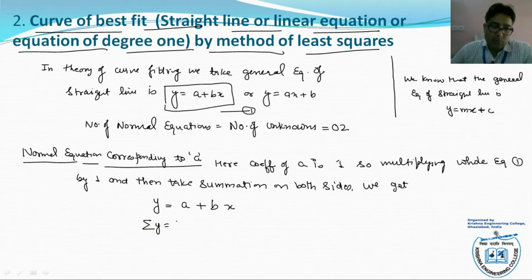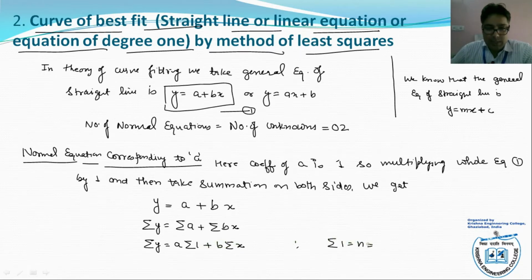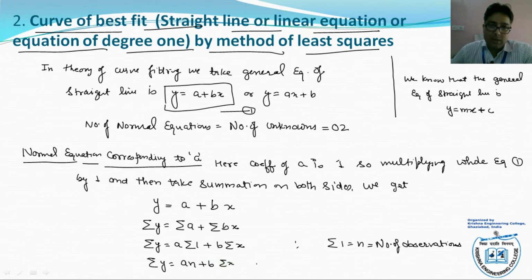Sigma y = summation a + summation bx. The constant a comes out of the summation, so we get sigma 1 plus b summation x. Here sigma 1 means n, the number of observations. Clear? So this can be written as sigma y = an + b sigma x. This is the first normal equation corresponding to constant a.